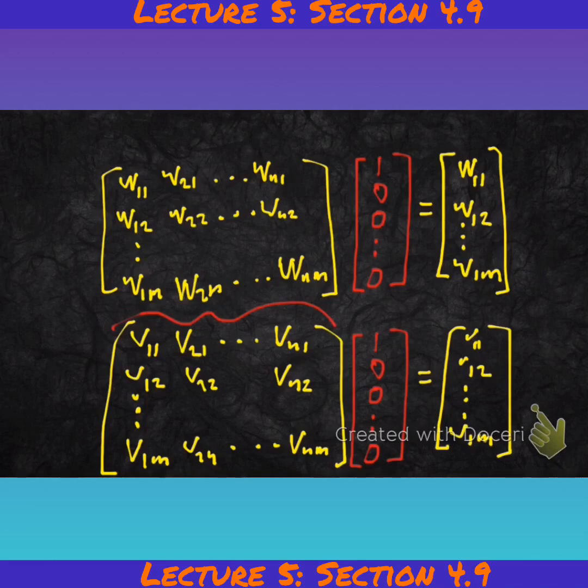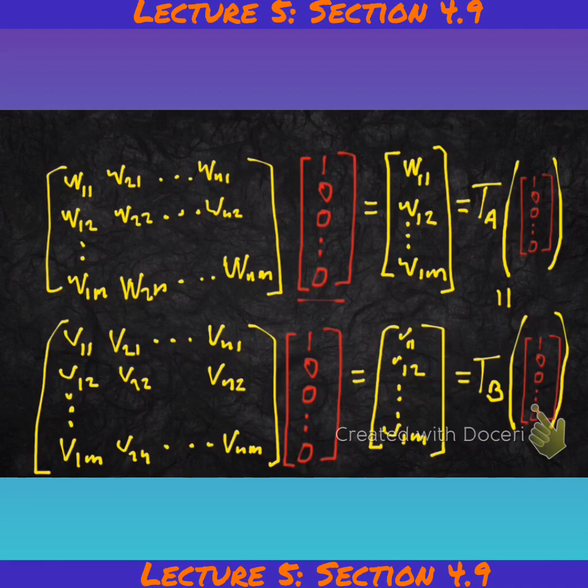Now we said that for every vector x, TAx is equal to TBx. So there we see we've got equality between these two things, which holds for every vector x. And so we've got equality between the column vectors of both that matrix and that matrix.